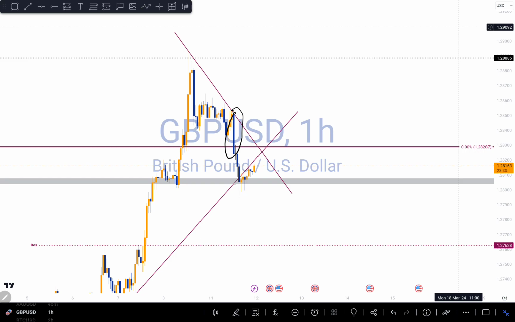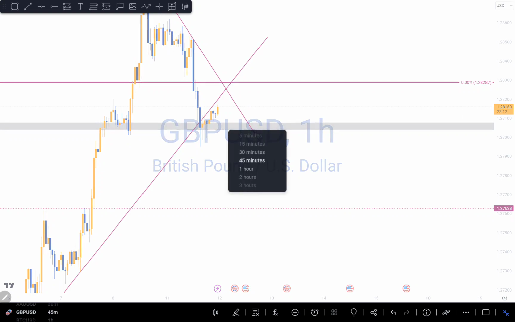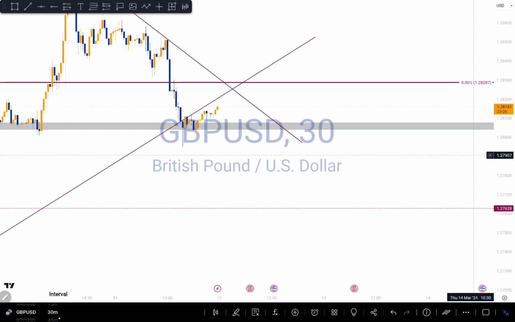But we can see that it came out of this with a weak rejection, so there is no solid sell around that zone yet. So that's why there's a possibility that we might see a push to the upside, guys. Definitely we might see a push to the upside. Let's go to a smaller time frame and see if I see any imbalances. Not really.